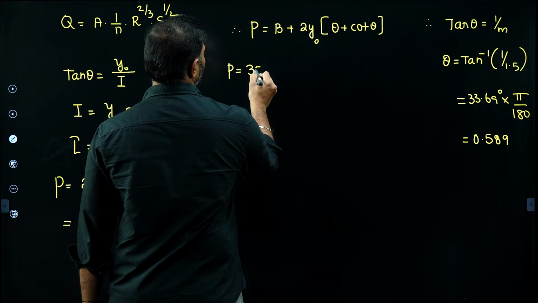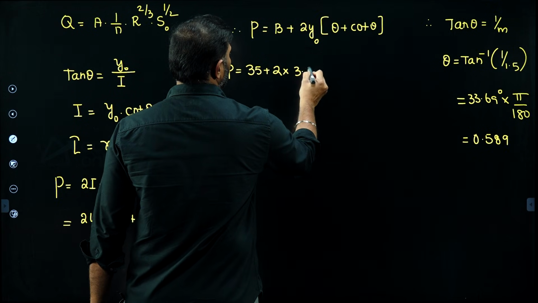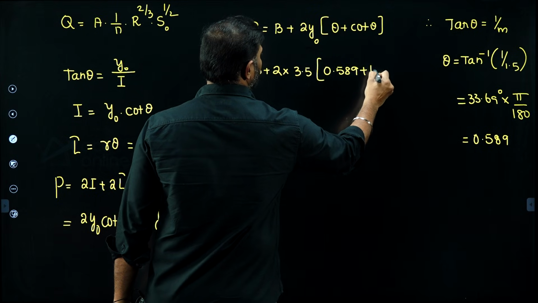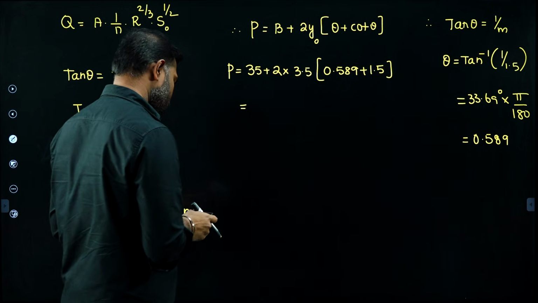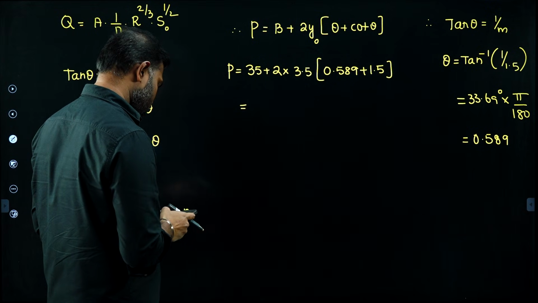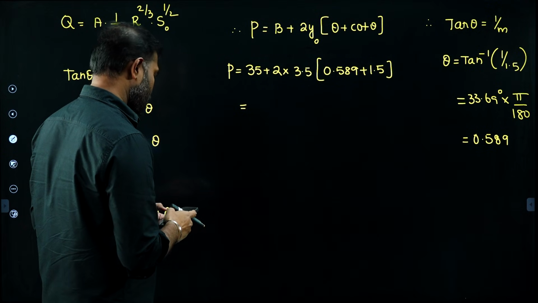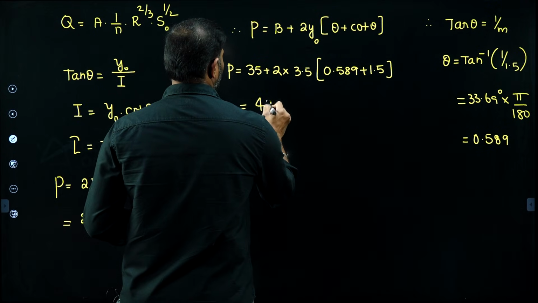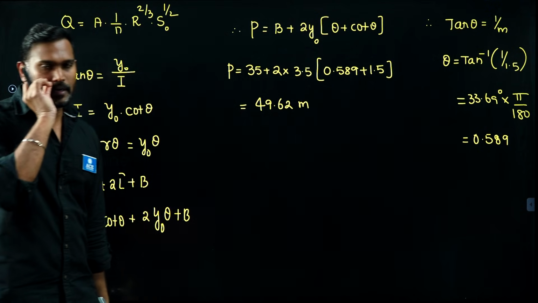P is equal to 35 plus 2 into 3.5 into theta 0.589 plus cot theta, which is 1.5. Substitute. Plus 35. So the answer is 49.62 meters. Okay, so this is about the wetted perimeter.